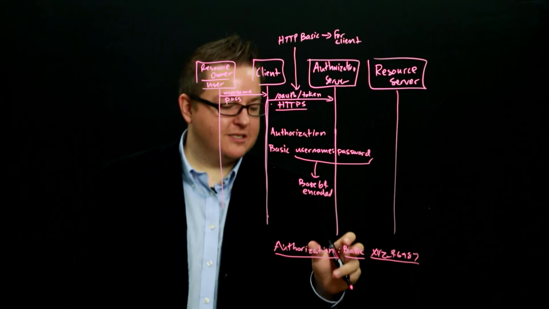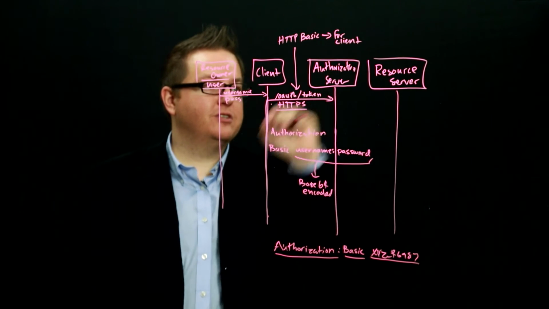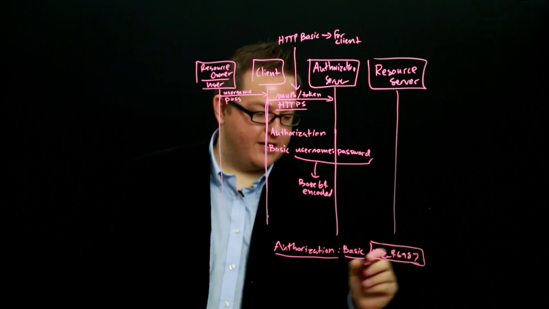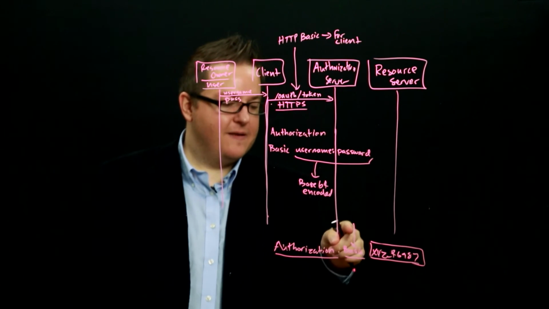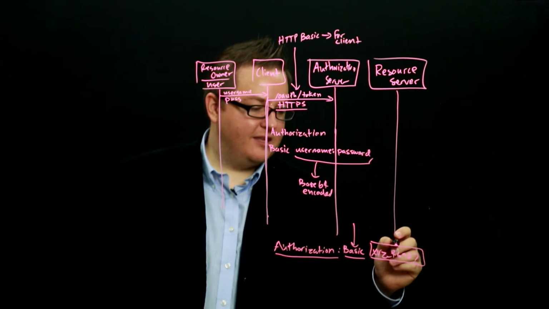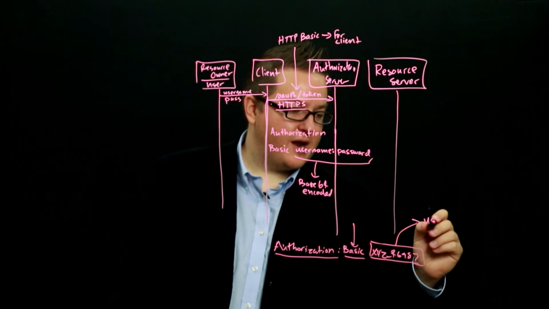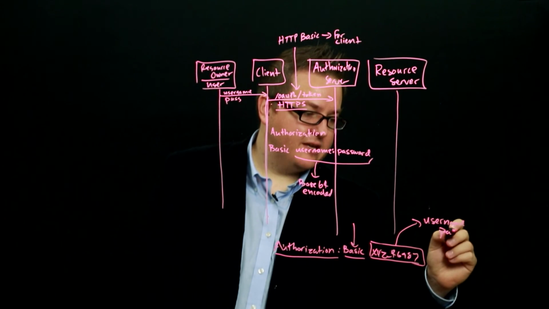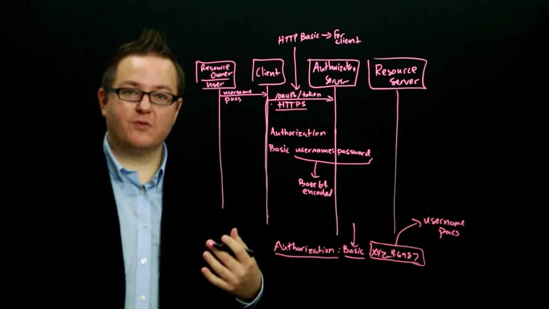And all of this is passed in a header to the server, and then the server can pull out this part right here. It can see based on this that the authentication scheme is supposed to be basic. It can then pull this value out and extract the username and password out of the value and then use it for authentication.